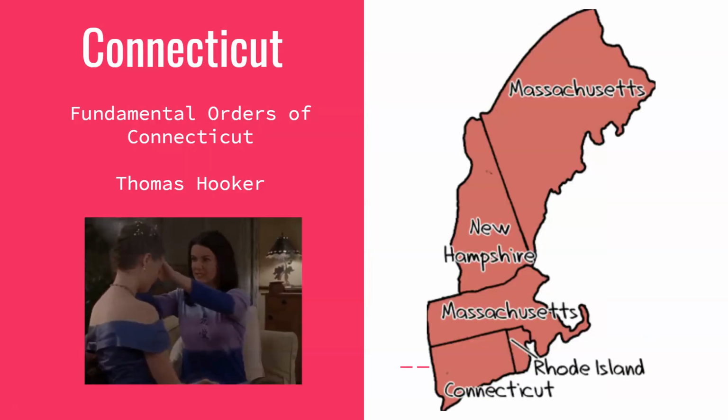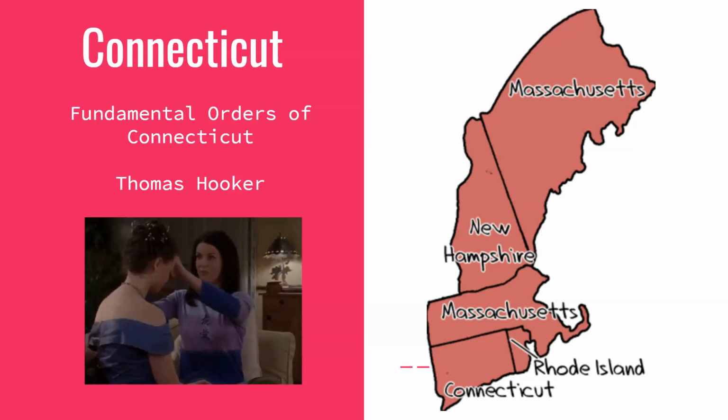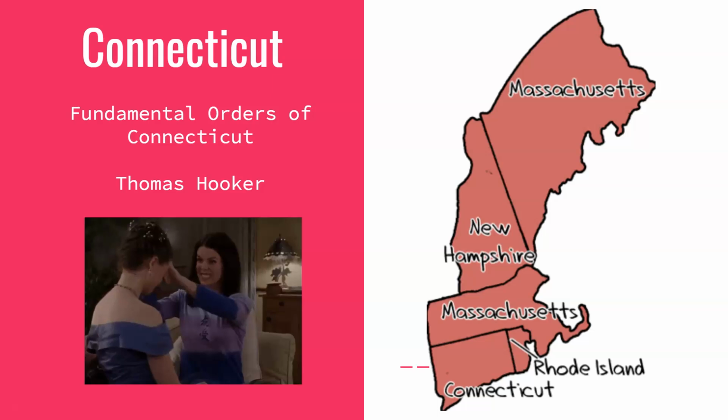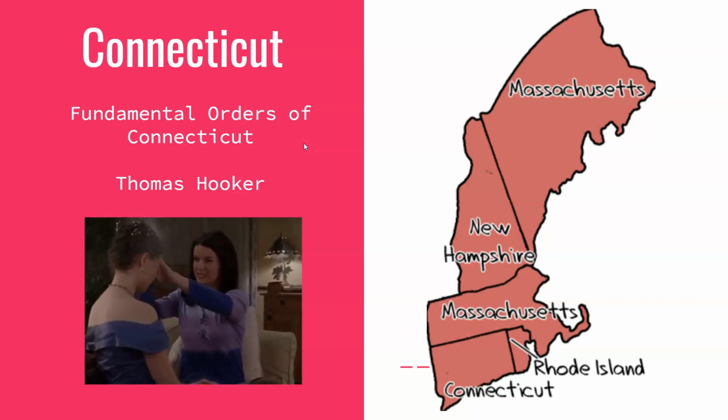We have Connecticut, land of the Gilmore Girls. So here's some things you ought to know about Connecticut. First things first is this lovely thing here that you think is stupid, but I'm going to make you remember because it's an important step in democracy, dang it.